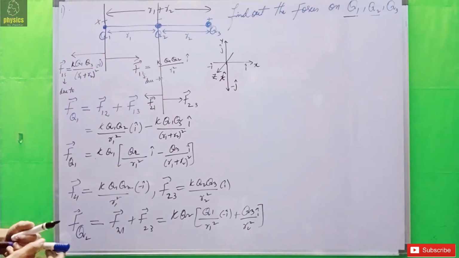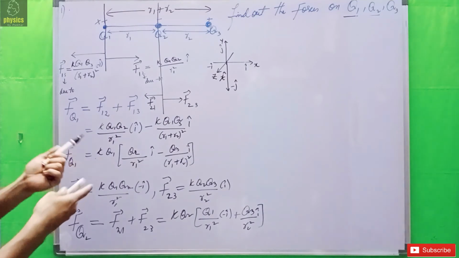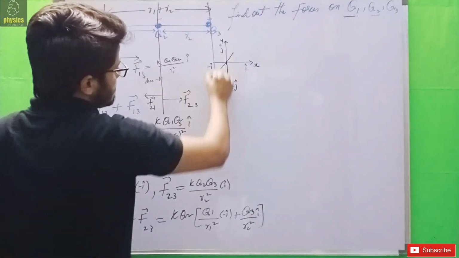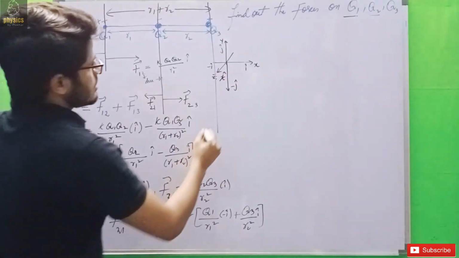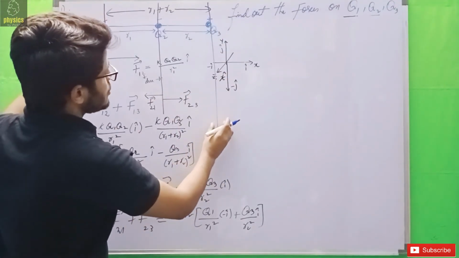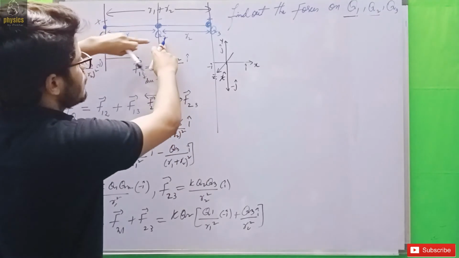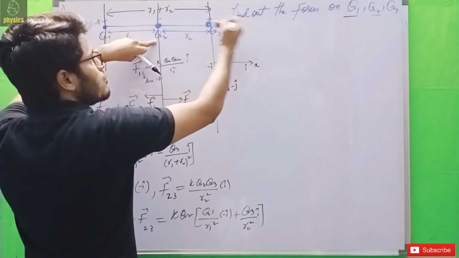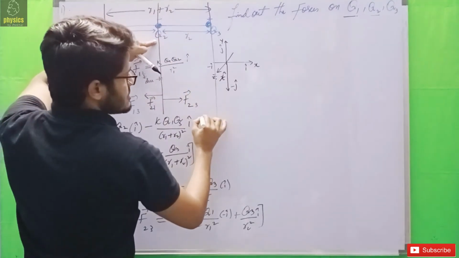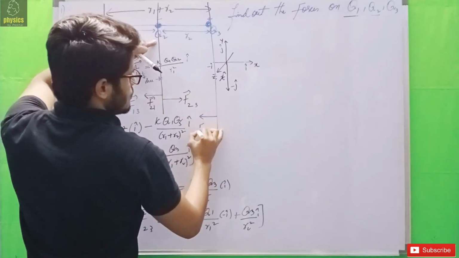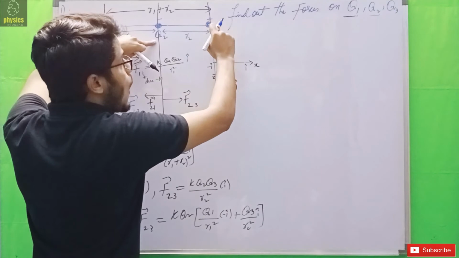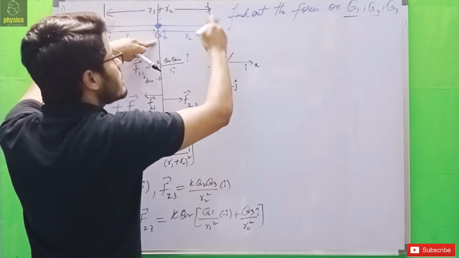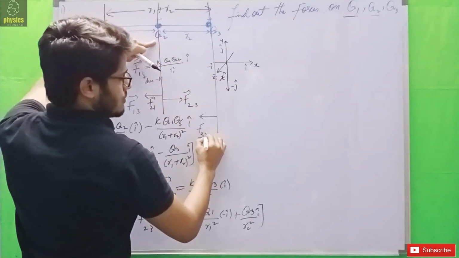Similarly, we can find the force on Q3. First, the force on Q3 due to Q2: because they have different polarities, Q3 will move towards Q2. So the direction of the force will be here. We are finding the force on Q3 due to Q2, that's why 2 will come.